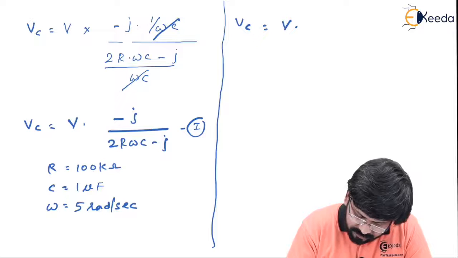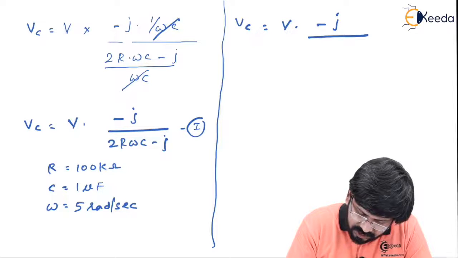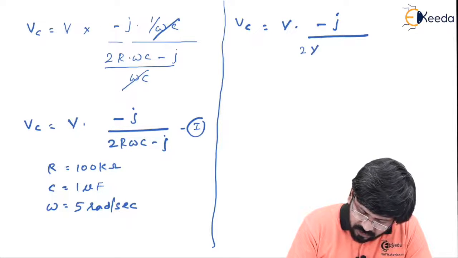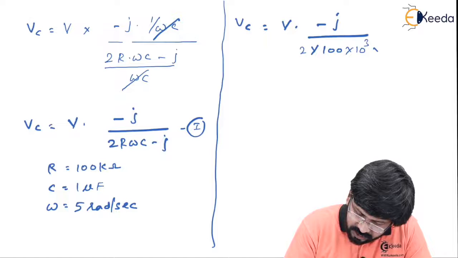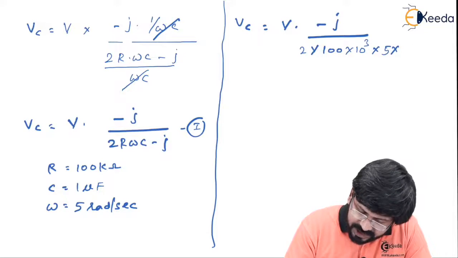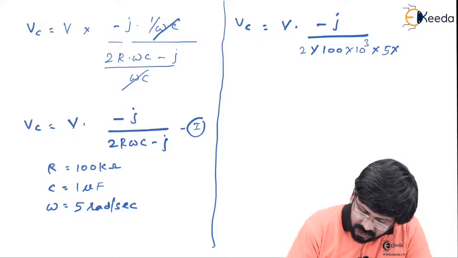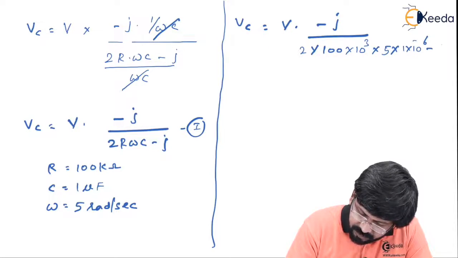Then we get Vc equal to the supply voltage V into minus j divided by twice of R, which is 100K, so 100 into 10 to the power 3, multiplied by omega, which is 5, multiplied by C, where C is 1 microfarad, so 1 into 10 to the power minus 6, minus j.